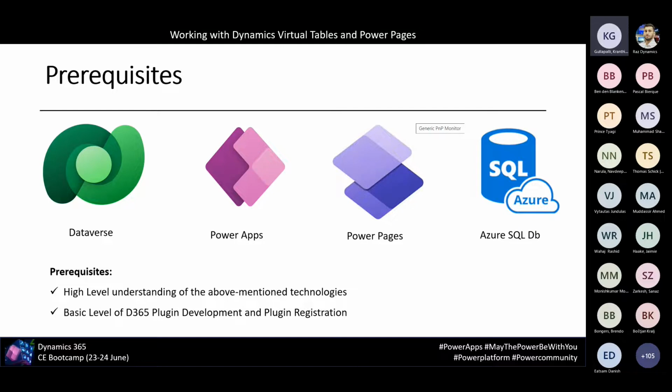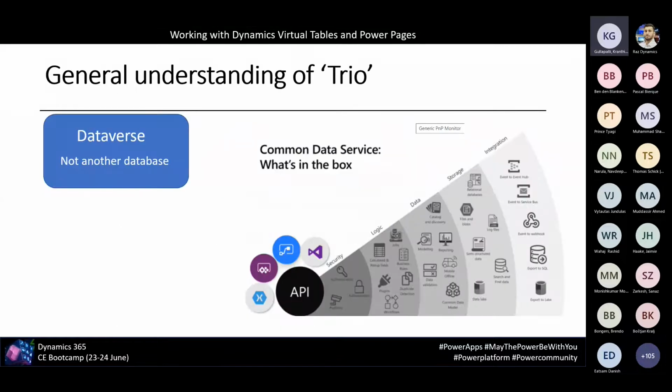We will just copy, paste, make small modifications and deploy it again. So a basic level should be sufficient, not advanced. And for deploying the plugin, we are going to play around with the Plugin Registration Tool. So these are the prerequisites, and with this, let's jump into today's topic.